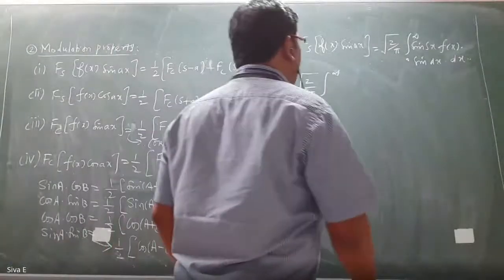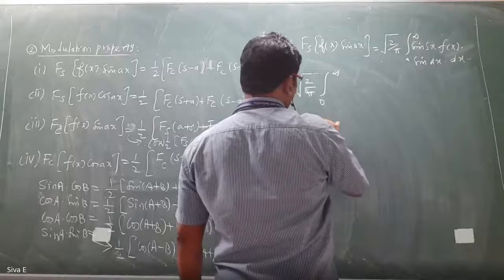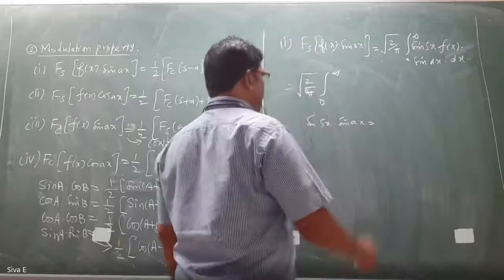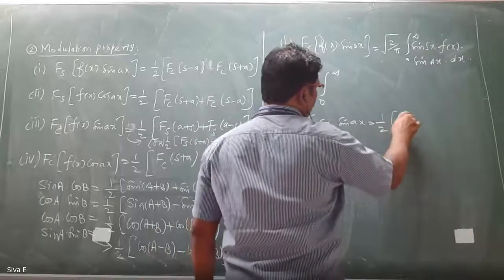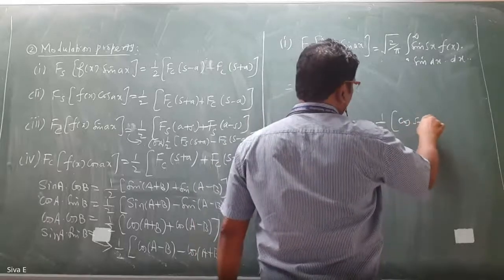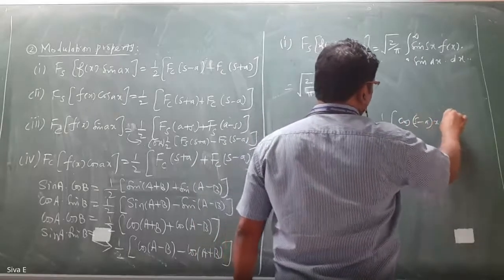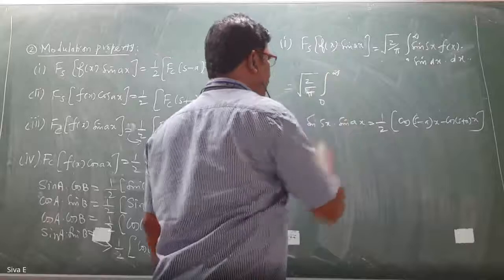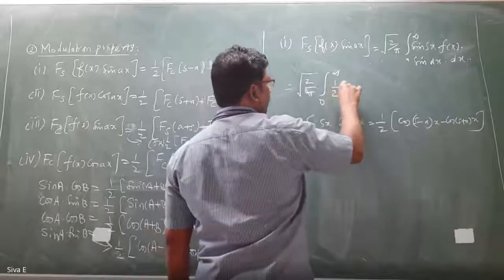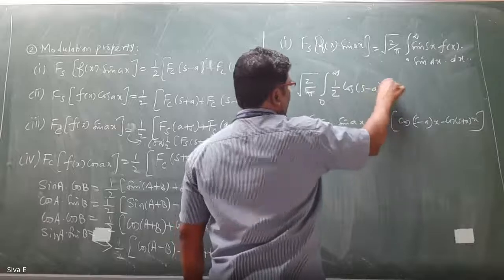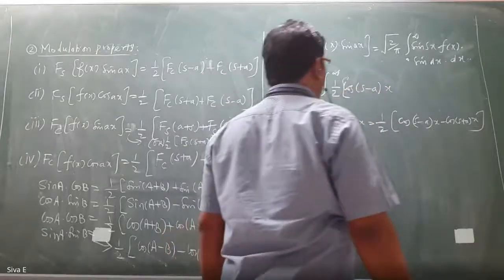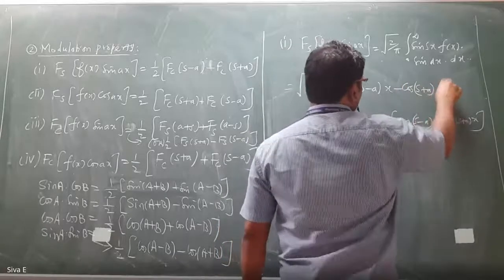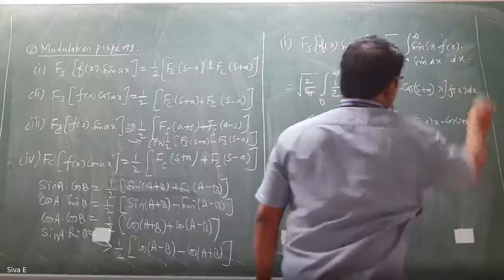Similarly we can write sin sx sin ax equals 1 by 2 cos of s minus a x minus cos of s plus a x. So substitute here.